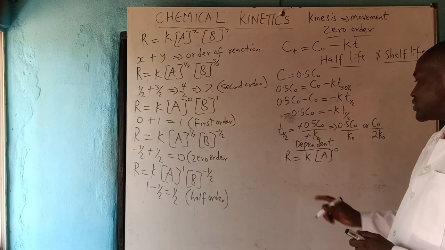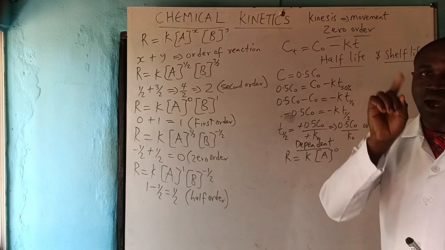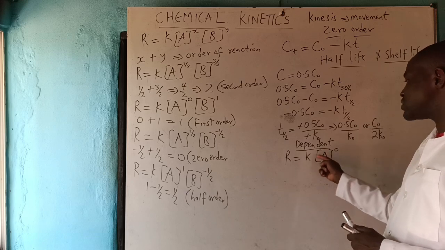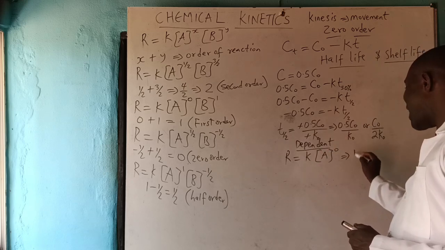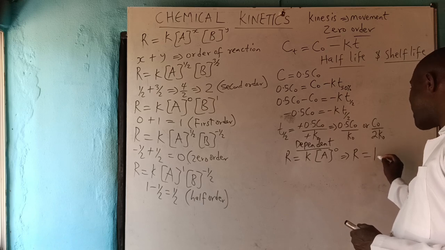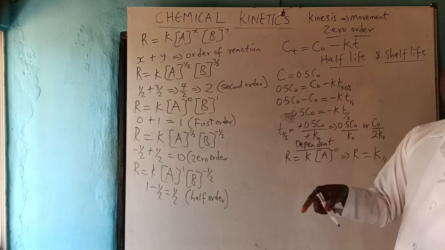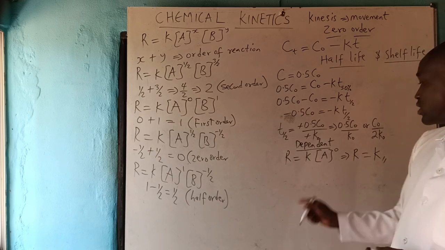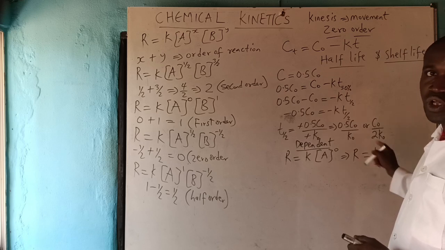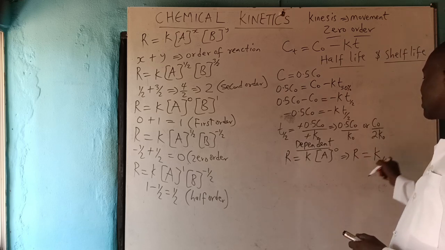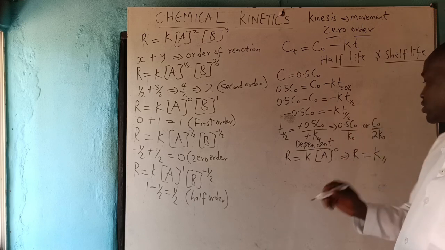In mathematics, anything raised to power of 0 is said to be what? 1. And so that means there is no concentration. This means that R is equal to K. R is equal to the rate constant. The rate of that reaction is equal to the rate constant. That means it is independent of initial concentration.